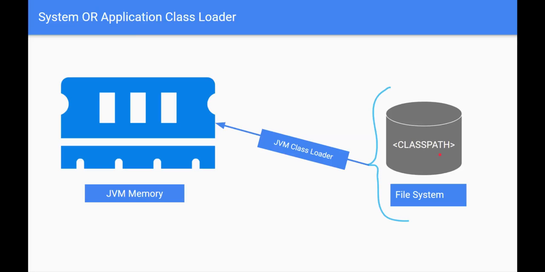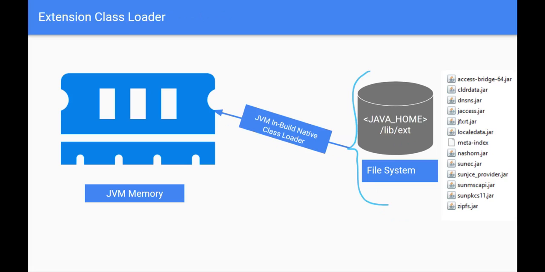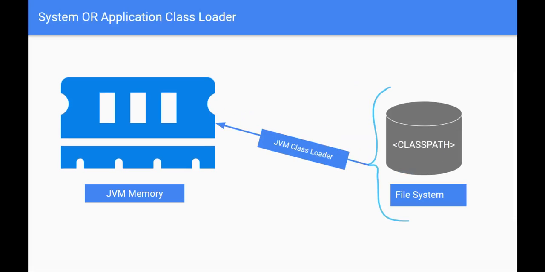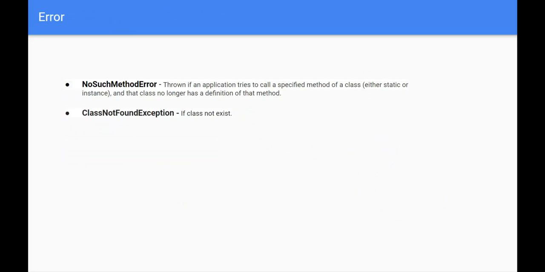So basically, when loading your class, there are two kinds of class loader errors. One is the no such method error, and another is the class not found error. I have already described when the class not found error occurs, but what is the case of the no such method error?